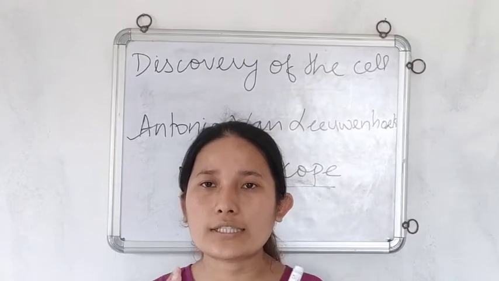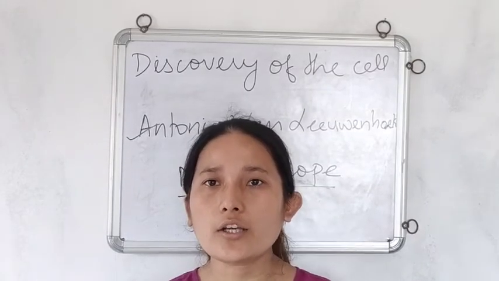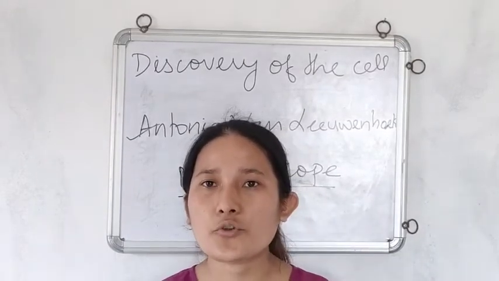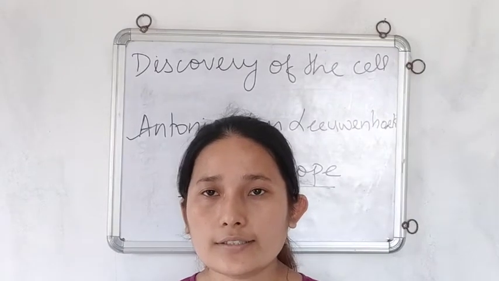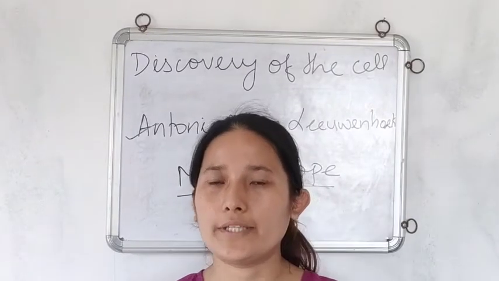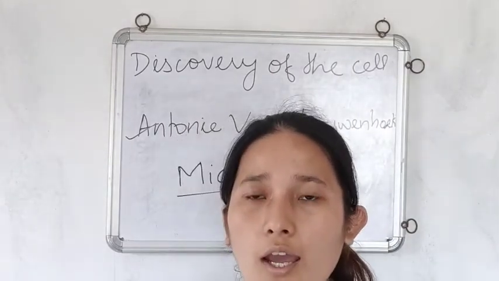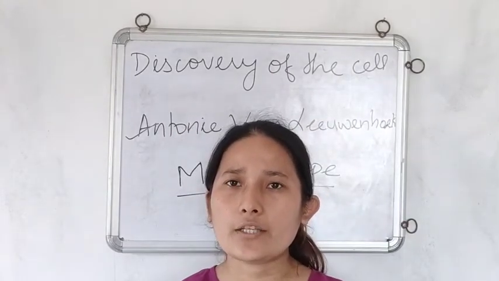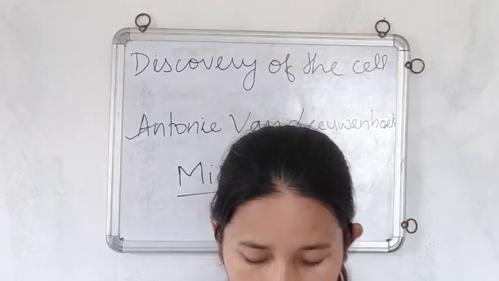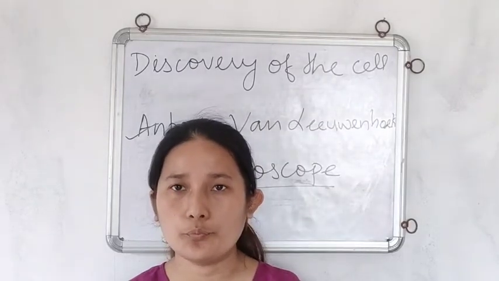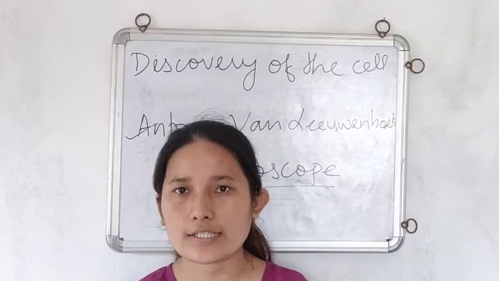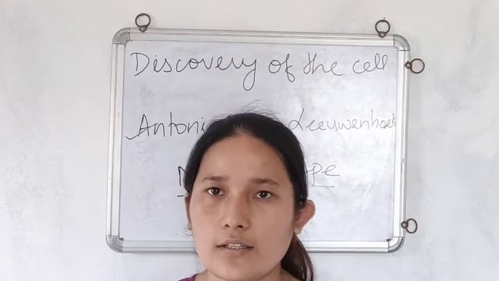He visualized a dead cell under the microscope. Cell is derived from the Latin word cellula, which means a small compartment or room. That's why he referred to it as a cell.